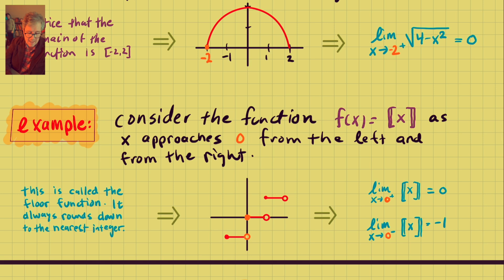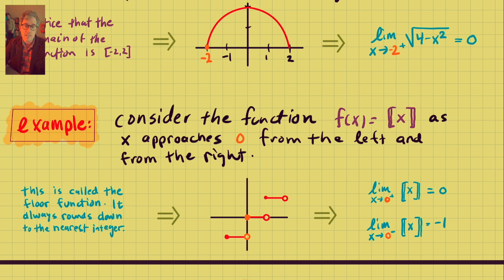Consider the function f(x) equals the floor function of x, as x approaches 0 from the left and from the right. You may or may not have seen this function before. There are different ways to denote it. One way is by using these emphasized or heavy brackets on the value of x. What it basically means is if I plug a real number into this, I get an integer.